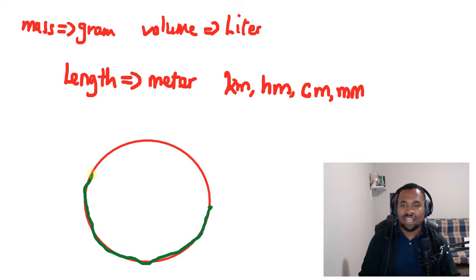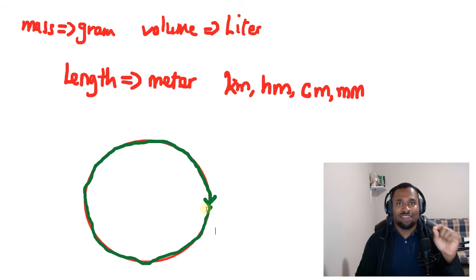So what we're seeing here is an object moving around in this particular circular path from start to end point. So it started at the dot and it goes around and stops at where it started.